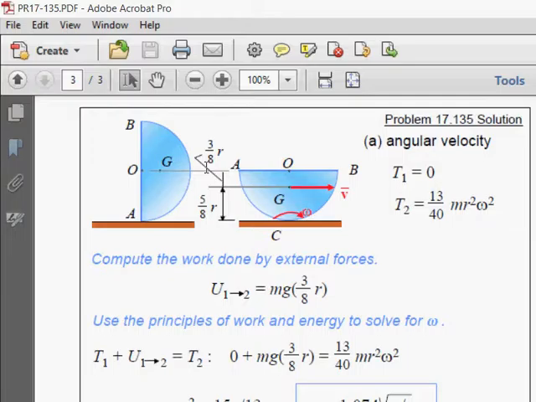So that is a change in potential energy that needs to be accounted for. And so the work done by the external forces is mg times 3/8 r.